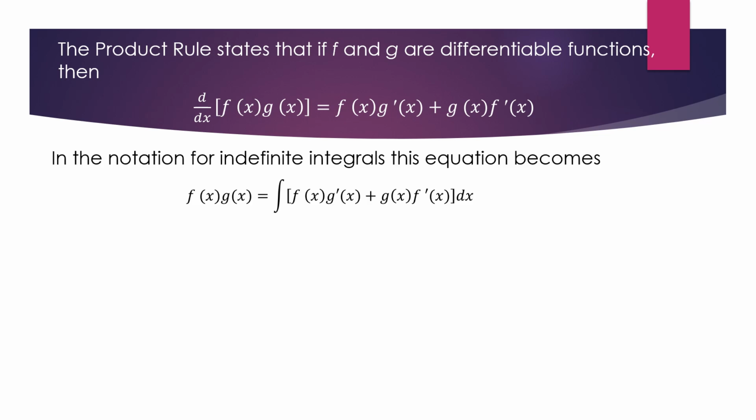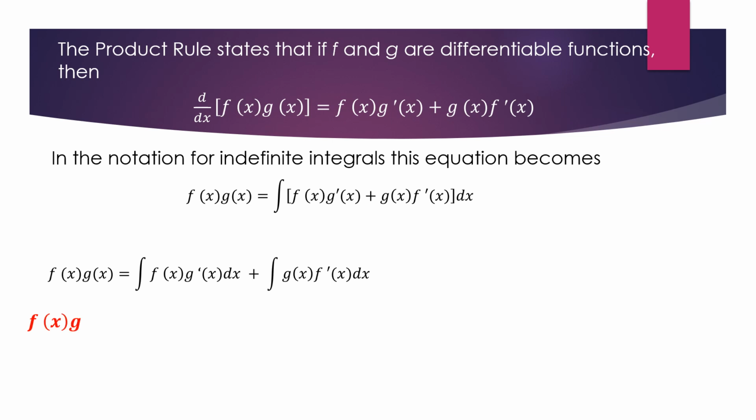The left side is the integral of the derivative of the product of f(x) and g(x), so we get the original f(x) g(x). On the right, we integrate the whole right side, and recall that the integral of a plus b is equal to the integral of a plus the integral of b. So we get the integral of the two parts respectively.